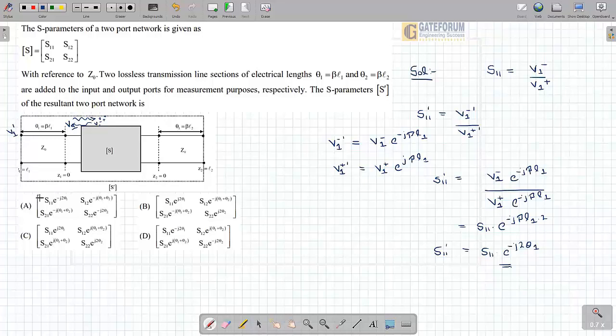Now if you look at the options, A and B, one of the choices matches here. Let us find out S12.